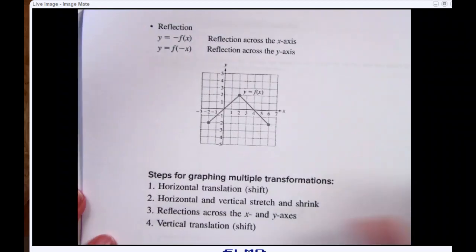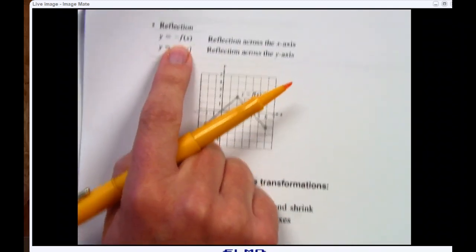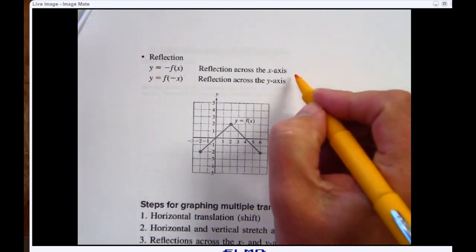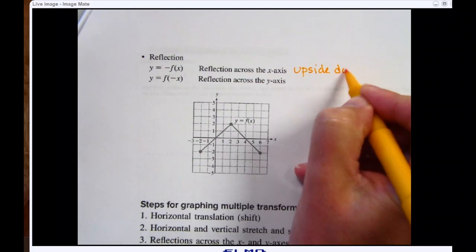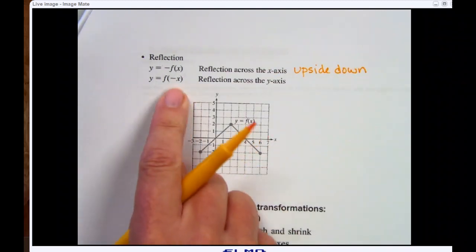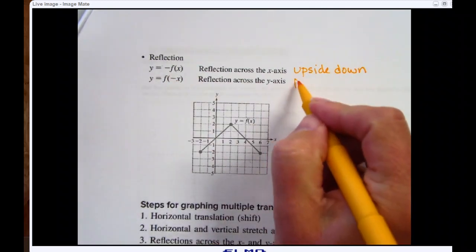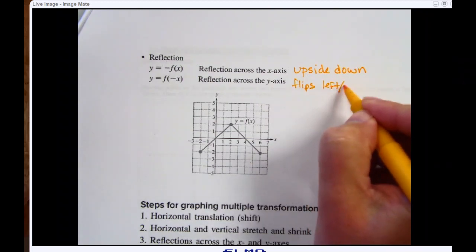You know about this one. This just flips us upside down. But this one here flips left to right.